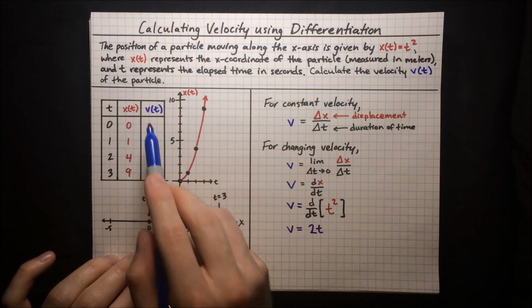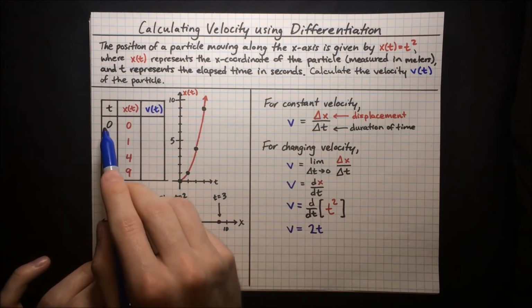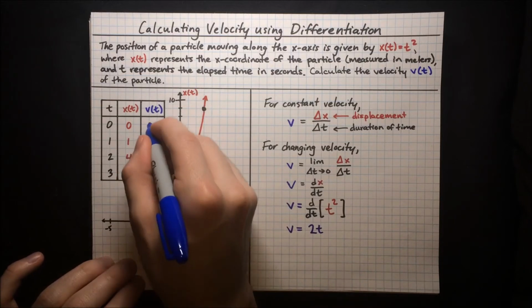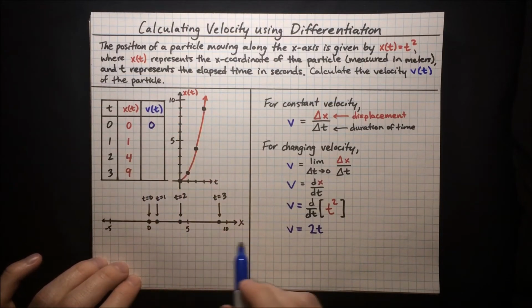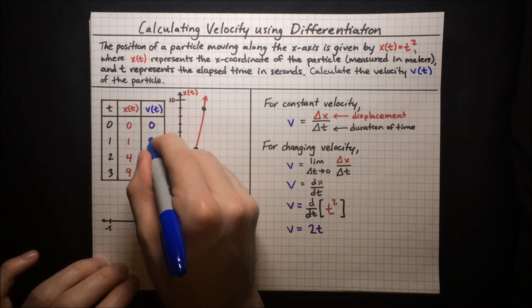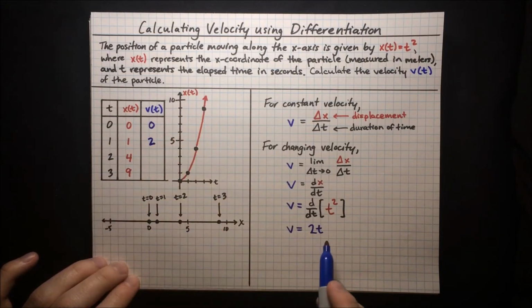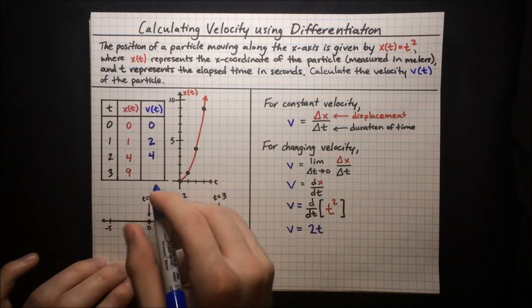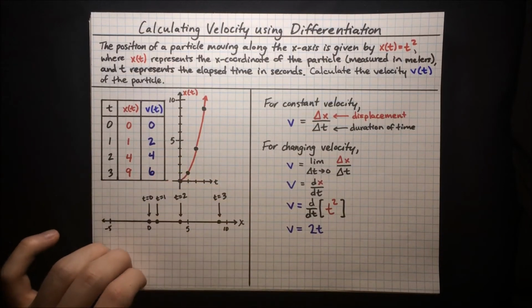We can evaluate the velocity at each moment in time. At t equals 0, you plug in 0 here, you get 2 times 0 is 0. At t equals 1, you plug in 1 here, you get 2 times 1 is 2. Then plug in t equals 2, 2 times 2 is 4. And then 2 times 3 for t, that's 6 for velocity.